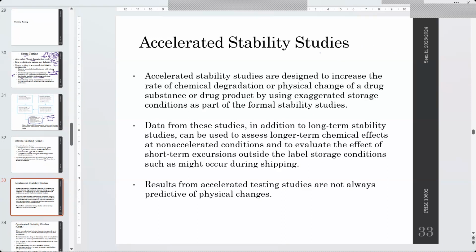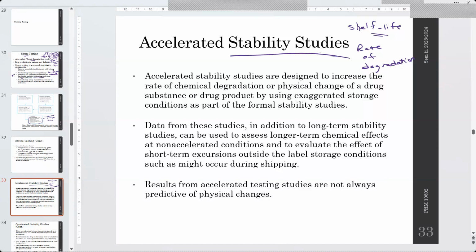When we say stability study, then we want to determine the shelf life. So the aim of stability study is determination of the product shelf life. We will study the rate of degradation, and then we can determine the time period where the content of the drug will not fall below the accepted limit.